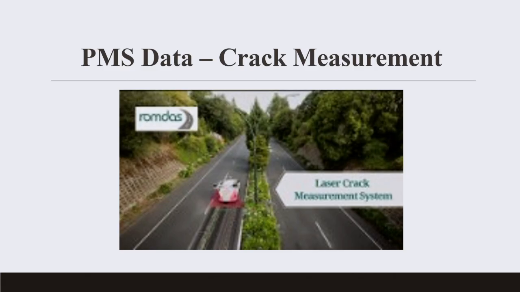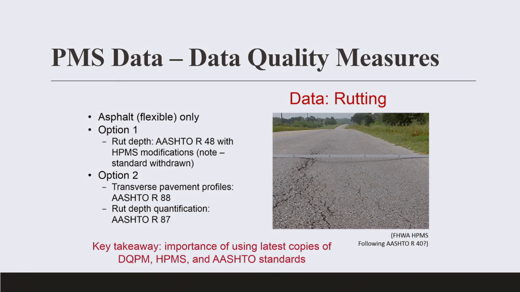It depends on laser scanning, and it can tell you the level of cracking based on the depth, width, and length. Again, if you Google this. In my hotel room, it was working fine. But this is basically how you measure your cracking. Then comes the rutting, through the pavement profile.